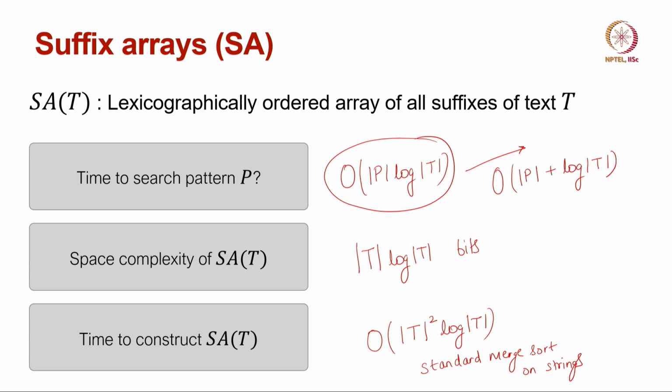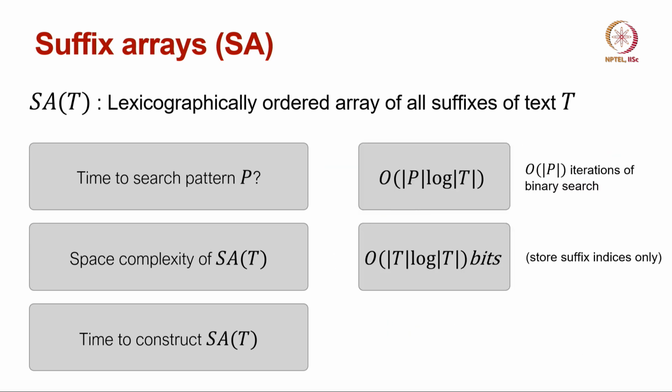So the time to search a pattern is okay, because we are sublinear in terms of the text. Space is also okay, but the construction time is actually not good. If we are going to spend more than quadratic time, then scaling to large sequences like the human genome or pine genome is not going to be possible. We need more efficient algorithms to construct suffix arrays.